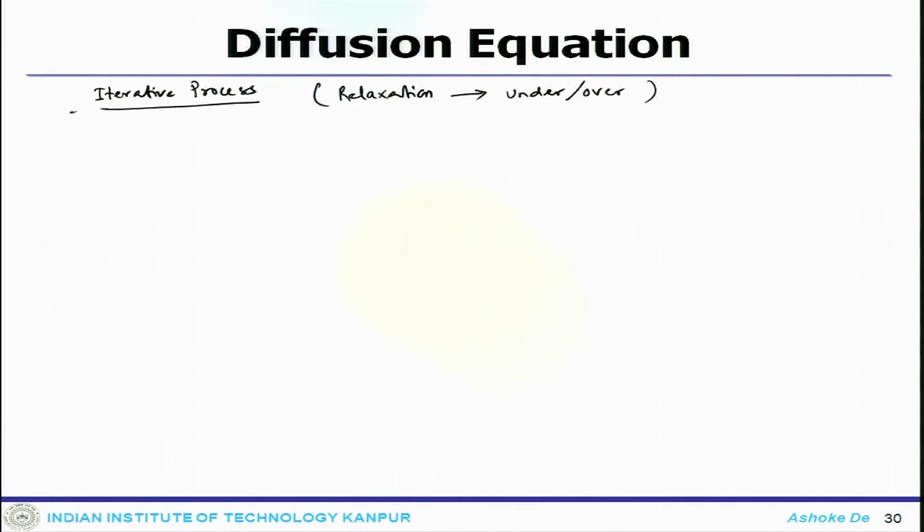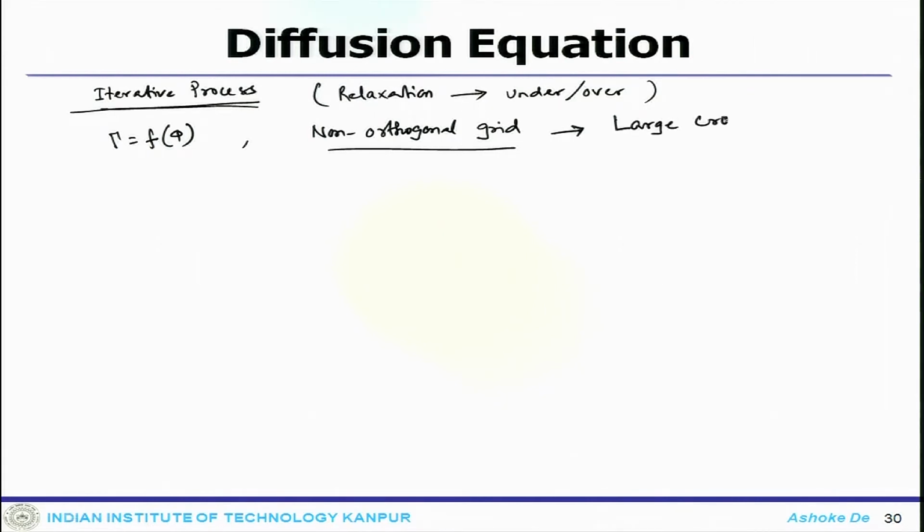Why does that happen? Because gamma is a function of phi, and it can also happen that you have a non-orthogonal grid.